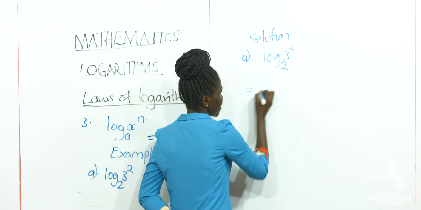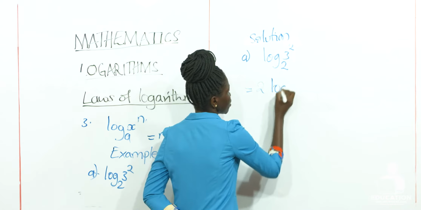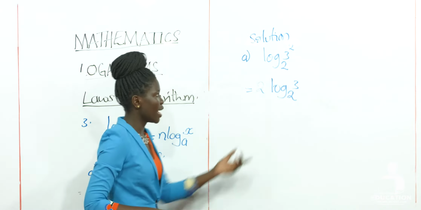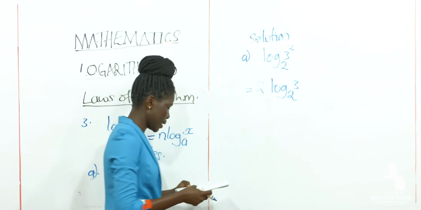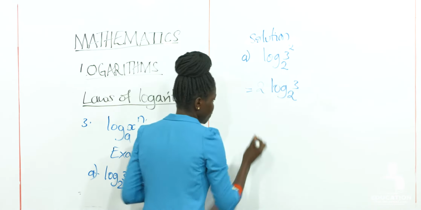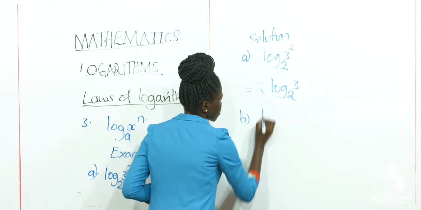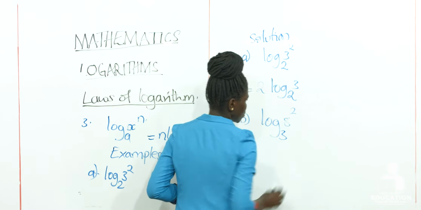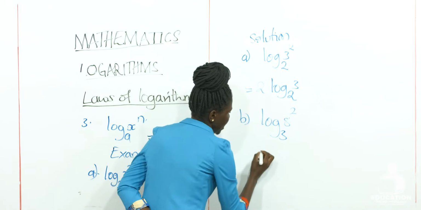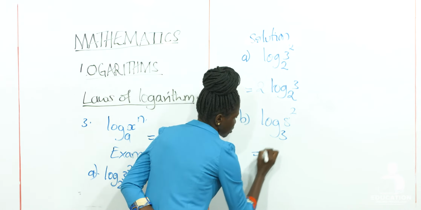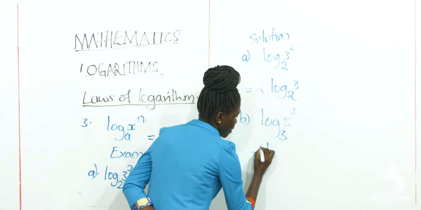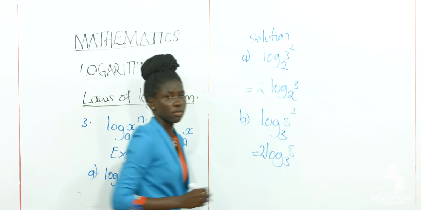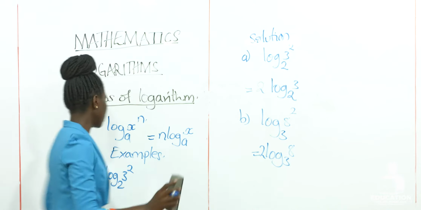So we're going to have here 2 log of 2, 3 as being our final answer for this particular number. Let's have another example. If given log 3, 8 to power 2, we simply have this as, you drop the power which is 2, then log of 3, 8. Let's have the next law.